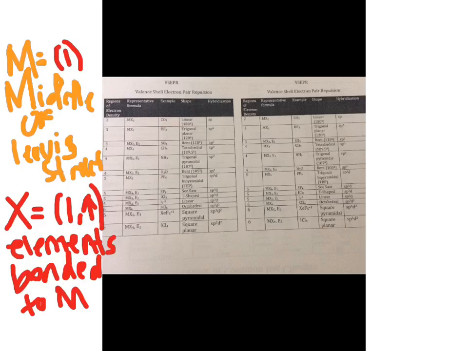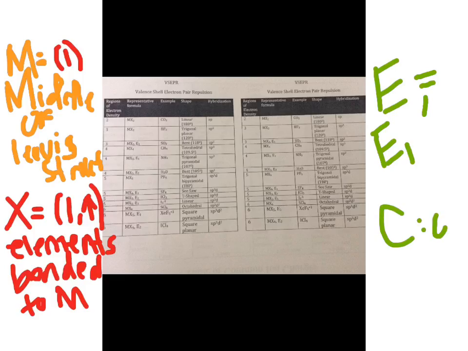Alright. Your next thing, if I can make this clear, your E's are the amount of electron pairs that are extra. Extra pairs of electrons. E1, meaning you have an extra set of electrons in your Lewis structure. So if you had, let's just give an example, O, and then you had 2 here, because those are extra, you're not going to have that.